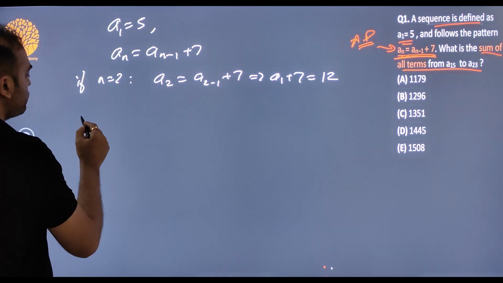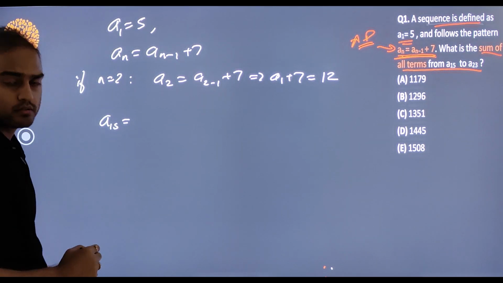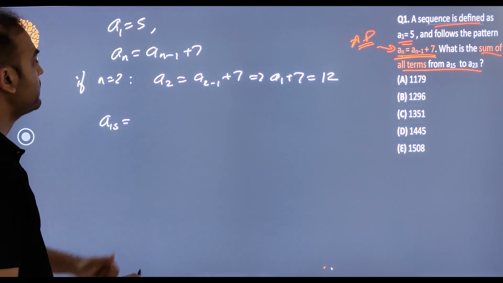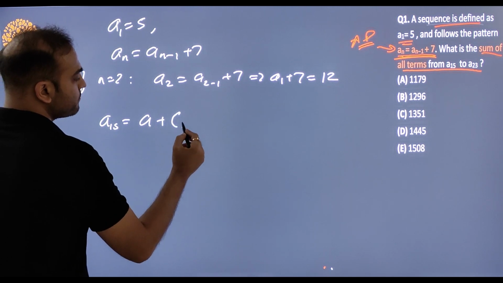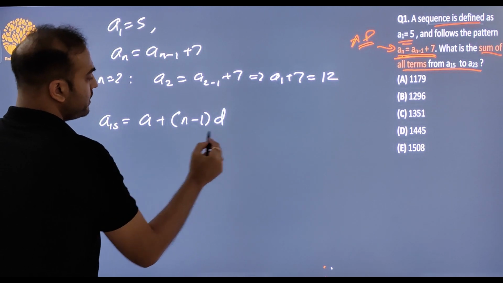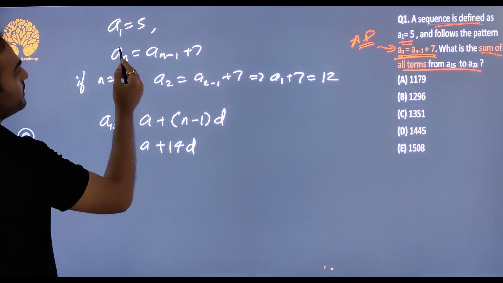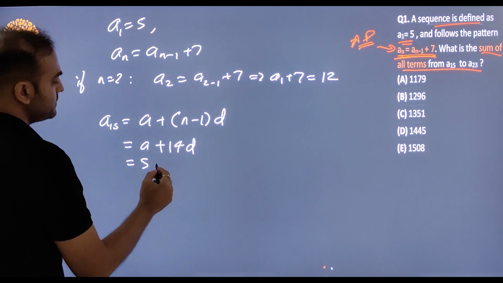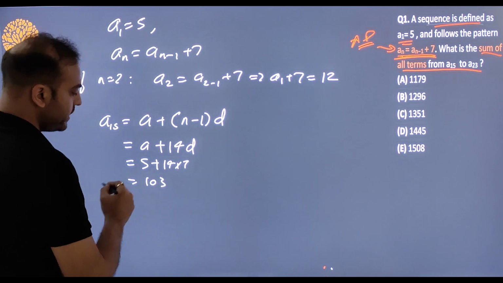So one thing we can do is find what A15 is. A15 will be a plus (n minus 1) into d, so that is a plus 14d. A is 5, d is 7, so 14 times 7 is 98, plus 5, that's 103.